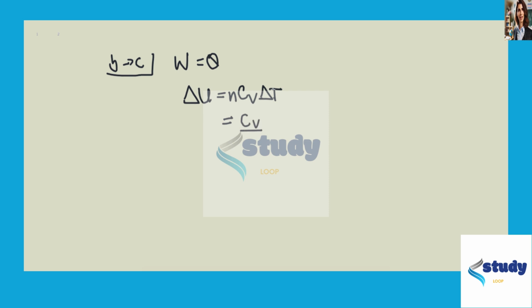So if you solve for delta T using PV as nRT, then you get C_V divided by R times V delta P. And then delta P is 2 × 10⁵ pascals. Your C_V is your 12.47. Your R is your 8.31. And then your V is 0.8 meters cubed.